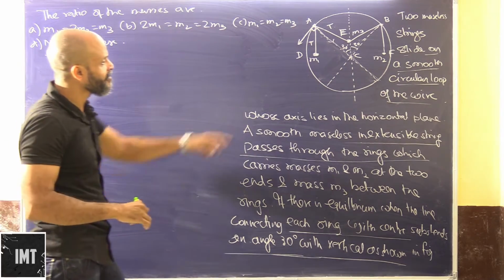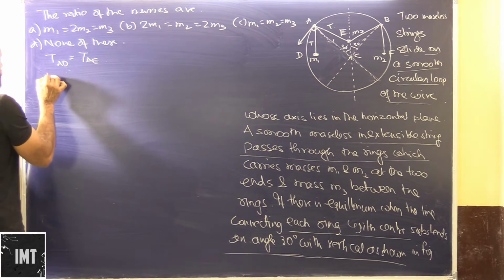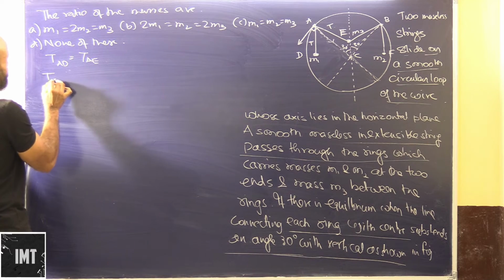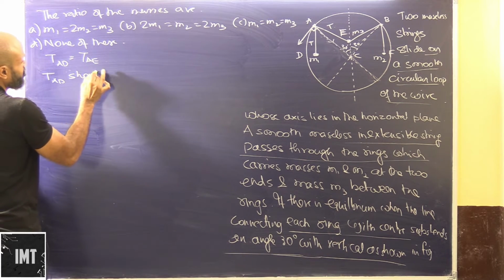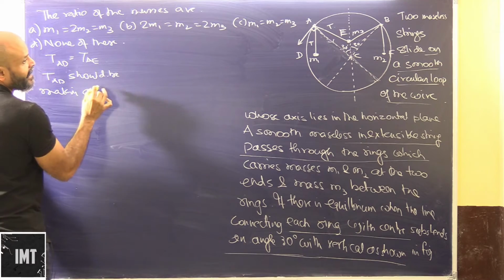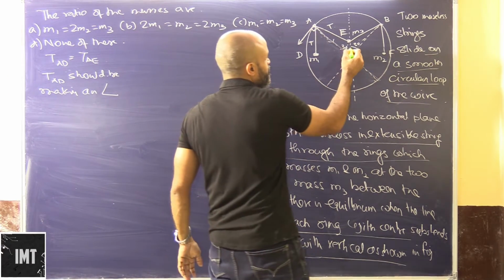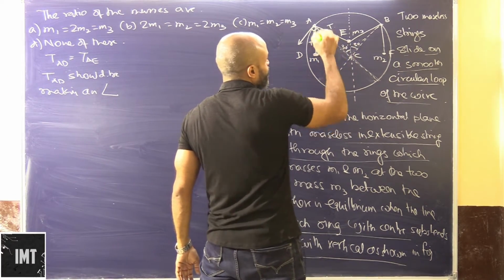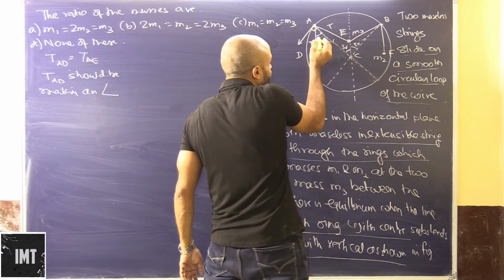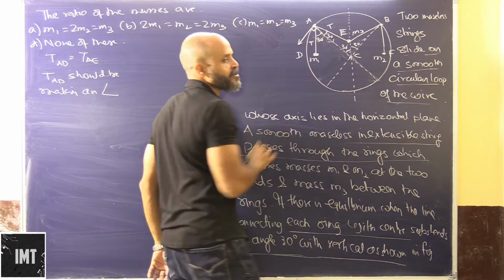Tension along AD should be equal to tension along AE, and tension AD should be making an angle of, see, this is 30, this is basically 30. If I take this to be alternate angles, so this will be 30, this and this will be 30, obviously this also has to be 30.